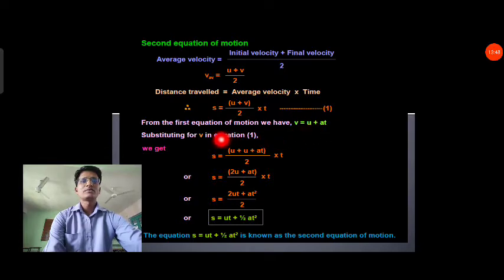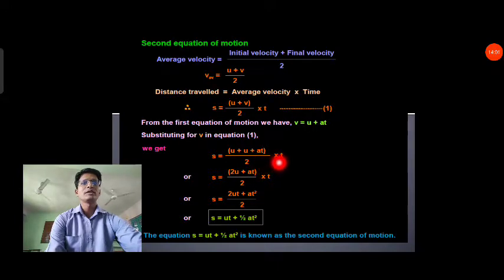Therefore, substituting for v in equation 1, s is equal to (u plus u plus at) divided by 2 into t.